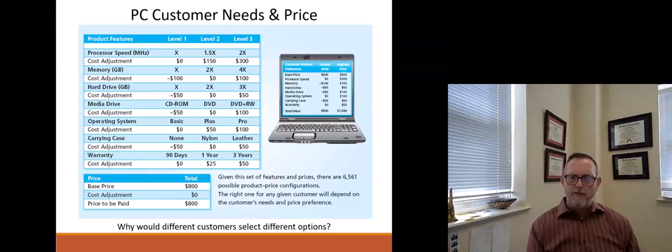So let's just say we have different customers: we have professionals, we have media-driven non-professionals who want a lot of speed and ability to watch movies and play video games and things like that. We have casual users who are maybe not professionals, but they use a computer every once in a while for basic computing needs.